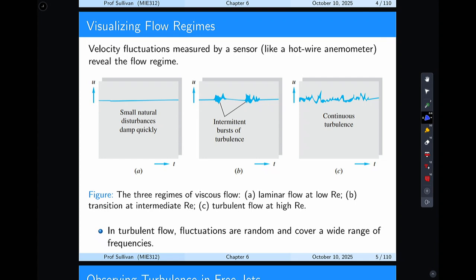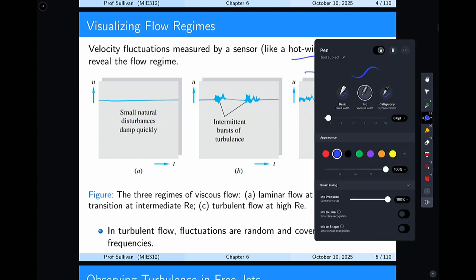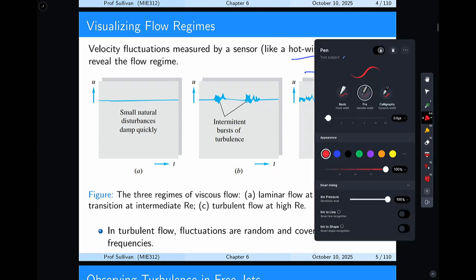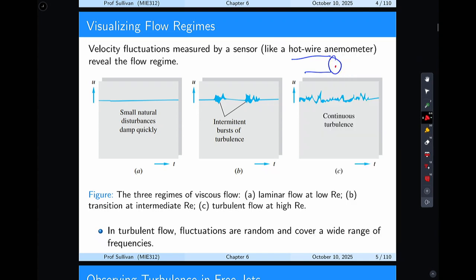If I'm measuring something within a pipe, imagine I put some sort of ideal probe in there that is able to measure velocities at that location. If it's laminar flow, the measurement will look something like A. That is steady, with no changes with time.